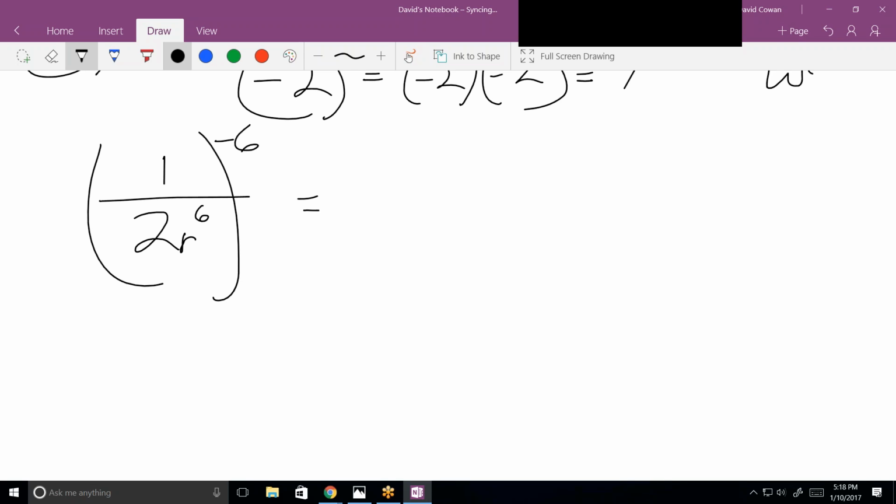So it would be 1 to the power of negative 6 over 2 to the negative 6 times r to the negative 36 power. Like that. Now what's 1 to the negative 6? That would just be 1.